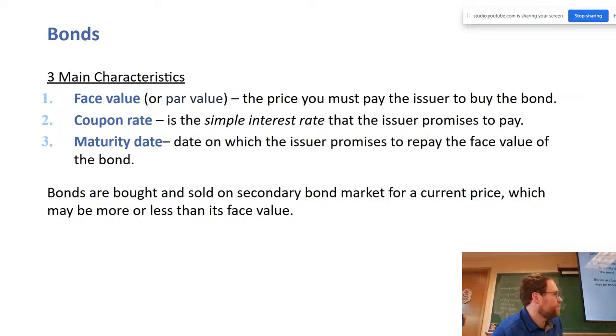They calculate it using simple interest, or interest equals principal times rate times time, or I equals PRT from last time. And then the maturity date is when you're able to claim the money on the bond.